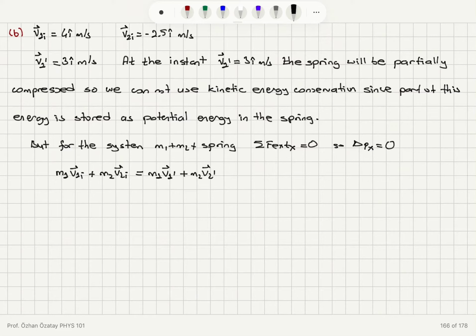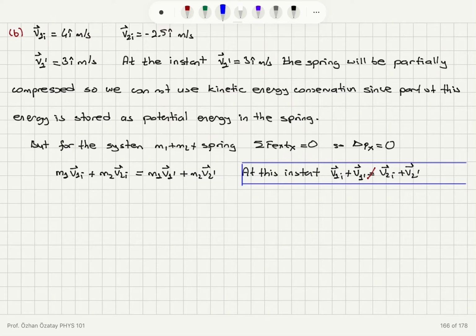I don't have a mass for the spring, it's a light spring, so there is no contribution to the momentum from the spring with this approximation. And since I cannot use kinetic energy conservation at this instant, I cannot write v1 initial plus v1 prime equals v2 initial plus v2 prime. This is not correct, so let me remind that to myself.